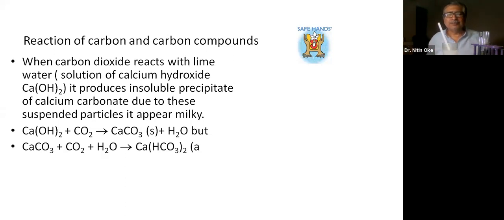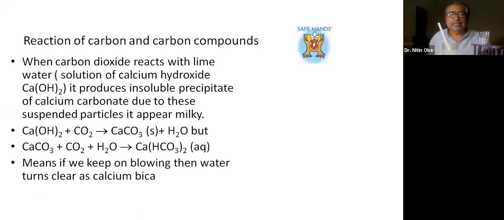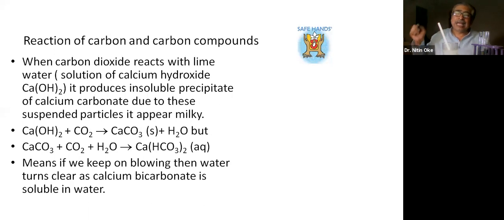But what happens is these suspended calcium carbonate crystals again react with carbon dioxide, and water is already over there. And then it generates something which is called calcium bicarbonate. And this calcium bicarbonate is soluble in water. And that's why it will turn out to be again totally transparent.